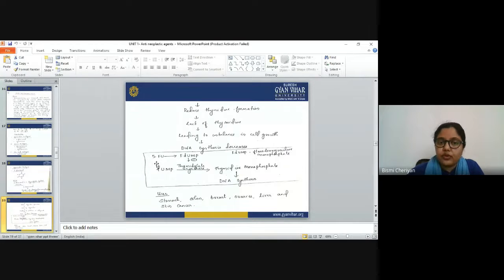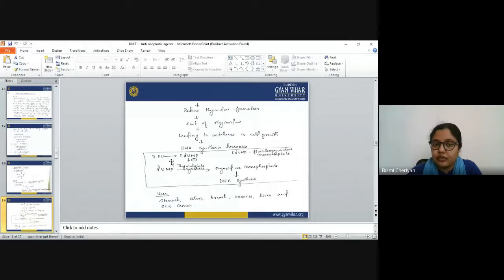This 5-fluorouracil is converted into fluorodeoxyuridine monophosphate, the fluoridated DUMP, which is the inhibitor of this enzyme.